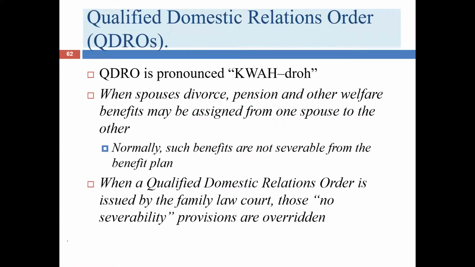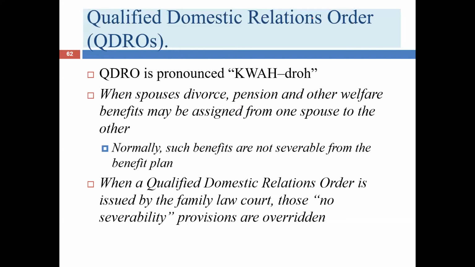Let's talk about QDROs. This is an abbreviation. It's pronounced "quadro," but it's kind of more like QDRO, I guess, but for whatever reason we don't pronounce it that way. It stands for Qualified Domestic Relations Order. It's pretty common when a couple divorces that one of the big assets sometimes is the benefits that one of the members of the family has access to.